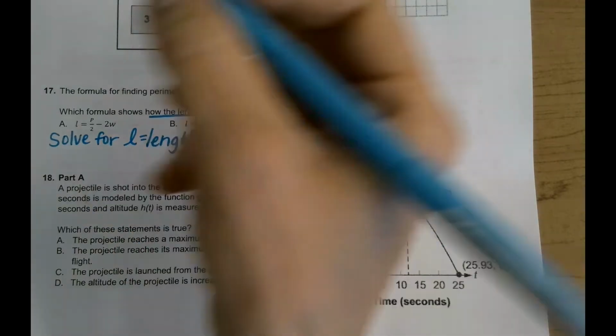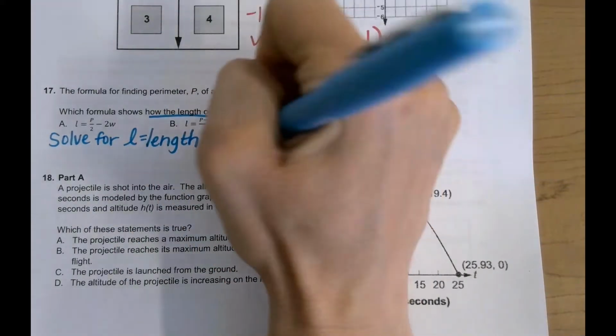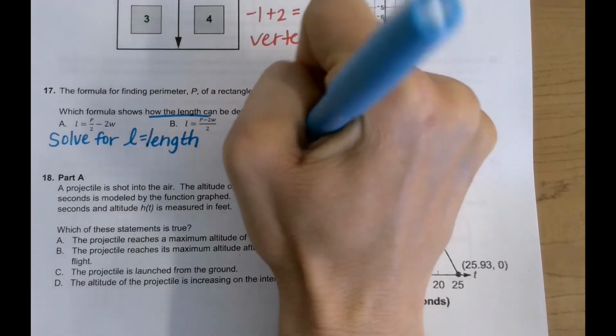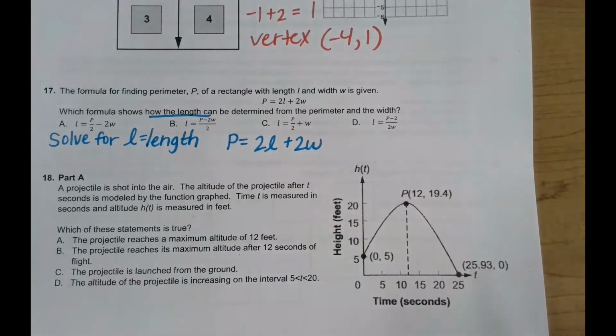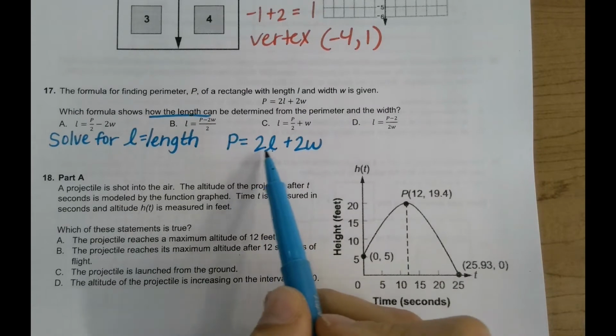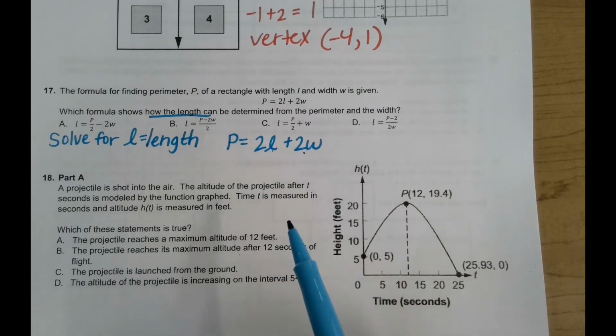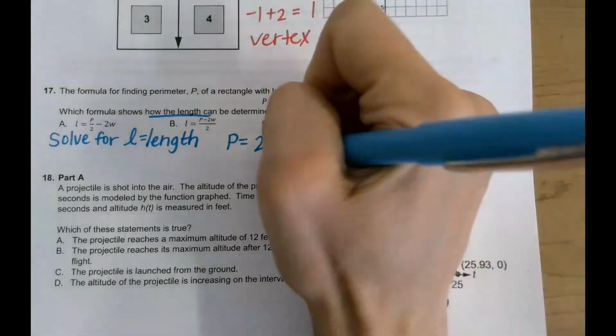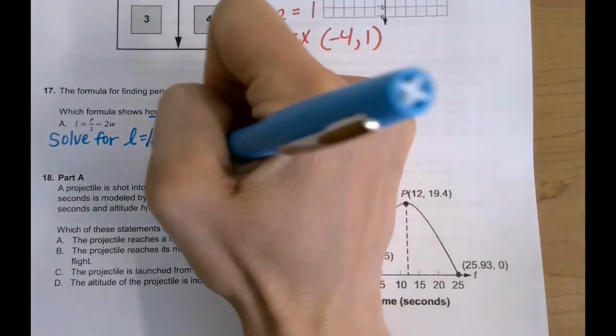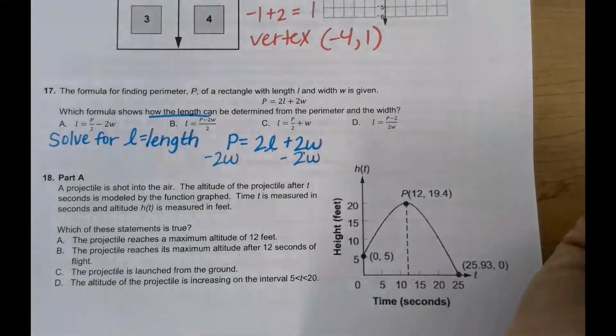So right now we have P equals 2 times L plus 2 times W. We want to get L by itself. So right now I need to get rid of the plus 2W by subtracting it from both sides.